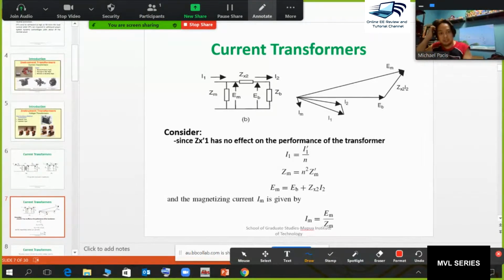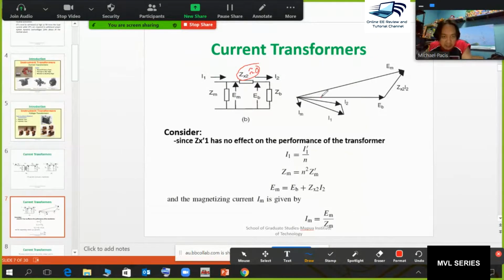Using this phasor diagram, considering EB as our reference, please take note, this is your leakage impedance ZX2. Sometimes this leakage impedance is approximately zero. But if ZX2 is given, then you must include that in the model of your current transformer. So you have your EB and then your I2 here.